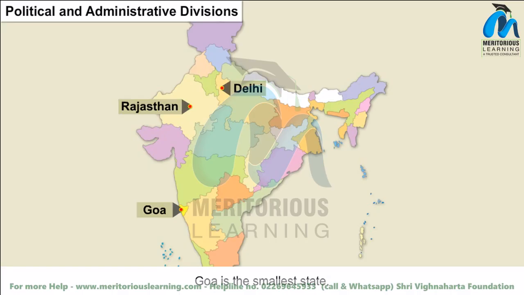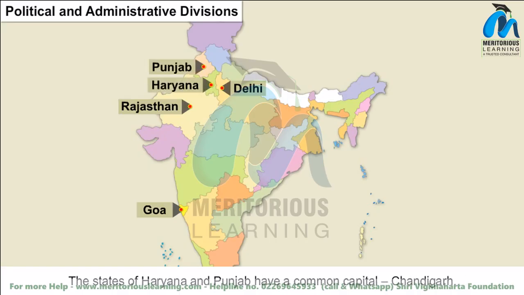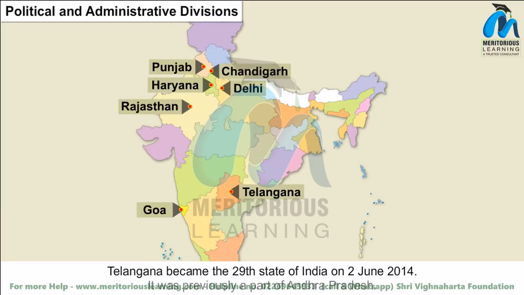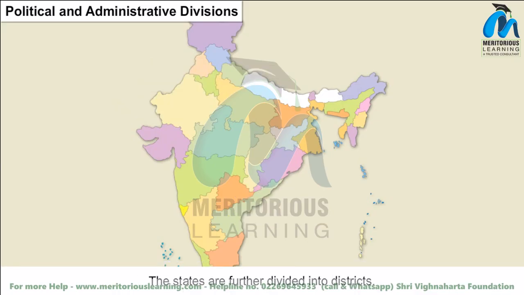Goa is the smallest state. The states of Haryana and Punjab have a common capital, Chandigarh. Telangana became the 29th state of India on 2nd June 2014. It was previously a part of Andhra Pradesh. The states are further divided into districts.